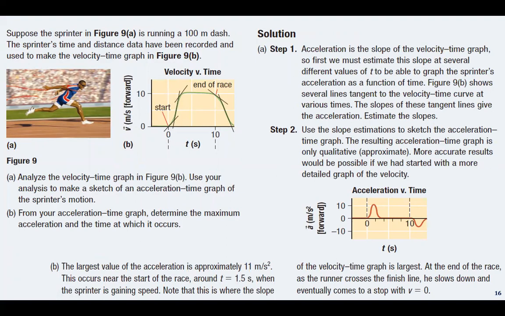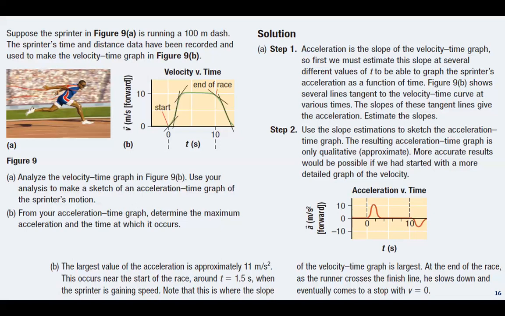Okay, question A. Acceleration is the slope of the velocity time graph, right? Because acceleration is the first derivative of velocity with respect to time. So first, we must estimate this slope at several different values of t to be able to graph the sprinter's acceleration as a function of time. Figure 9b shows several lines tangent to the velocity time curve at various times. The slopes of these tangent lines give the acceleration.